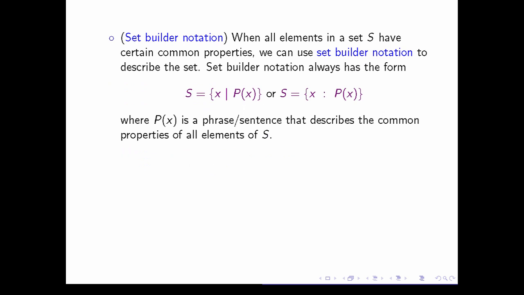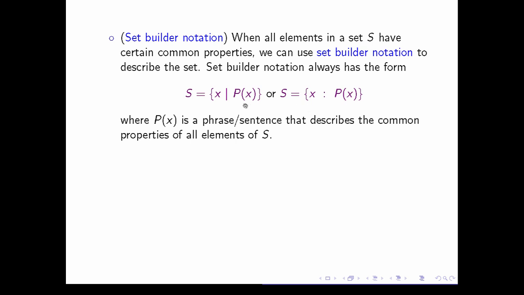The next way to describe a set is called set builder notation. So this time we have a way to describe what elements belong to a set, using what we call the set builder notation.